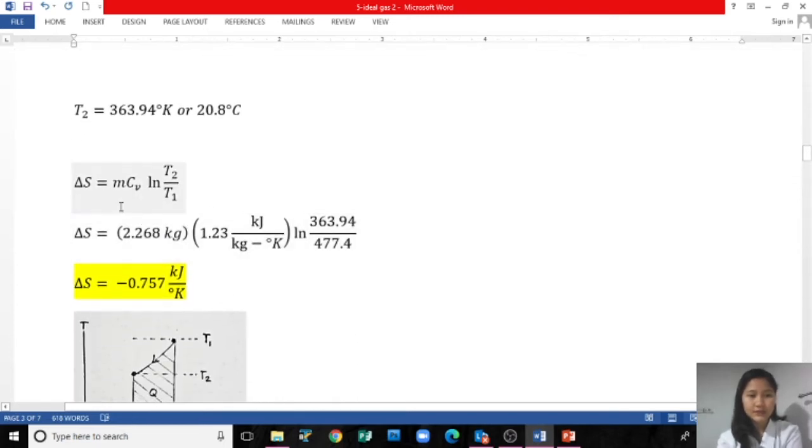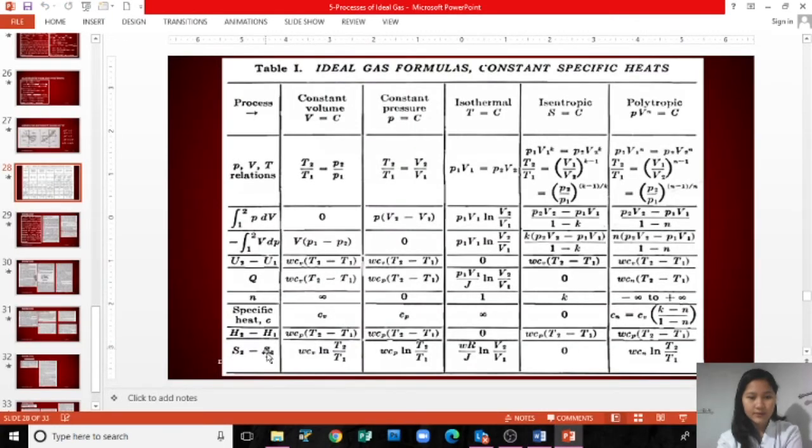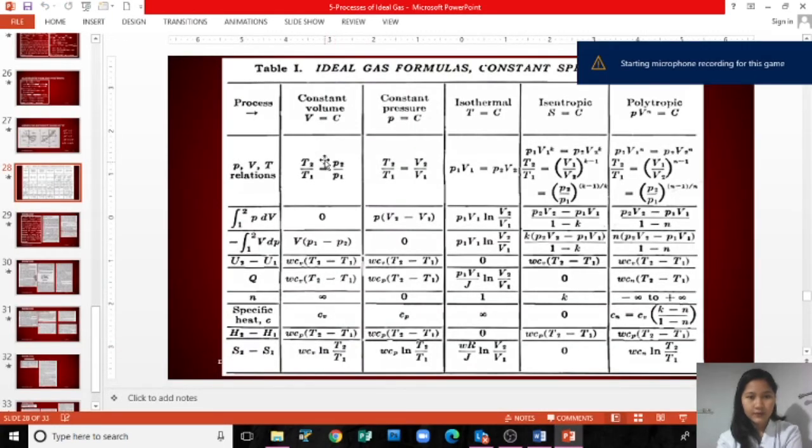Now proceeding to calculating for the delta S, or the entropy, we have the formula delta S equal to mCV natural logarithm of T2 over T1. So it is this one for the constant volume.